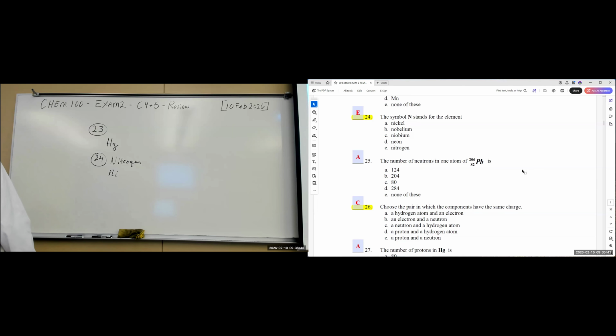I'm having trouble finding nobelium. I think it definitely starts with an N. I think it's NH. No, it doesn't seem right.